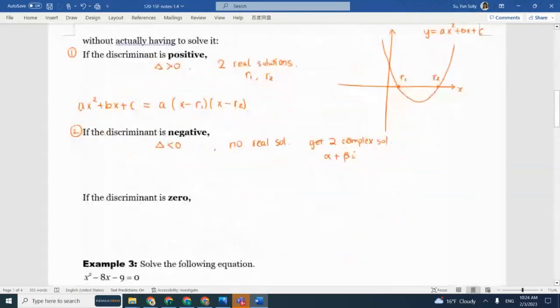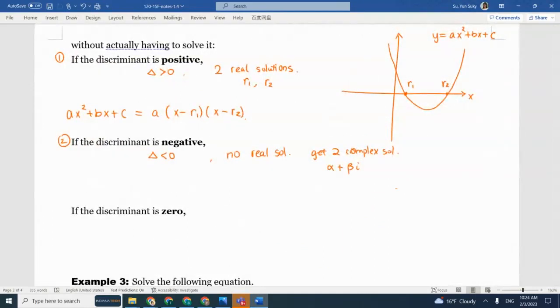How about in terms of the picture? What does the picture look like? Okay, we don't have a real solution. That means the parabola lies completely above the x-axis. So that's why we have no real solutions. Okay, if the discriminant is 0.